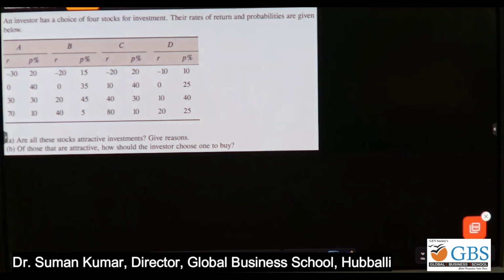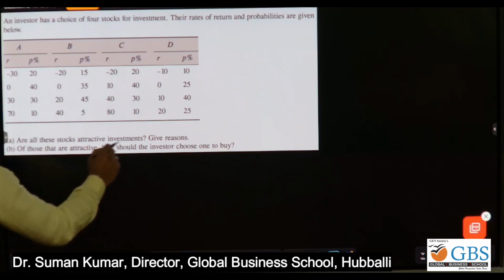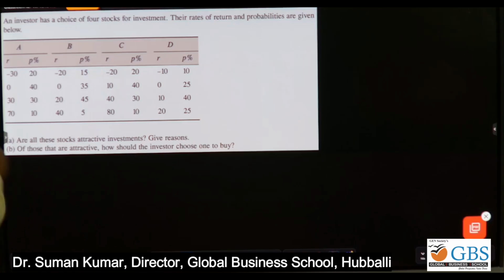Yes. So what I do, I'll solve for this, only the company A I'll solve. Rest I think you can solve on your own. It is very easy. The question says, out of this, they're asking, are all the stocks attractive investment? We need to say whether all A, B, C, D are attractive or not.